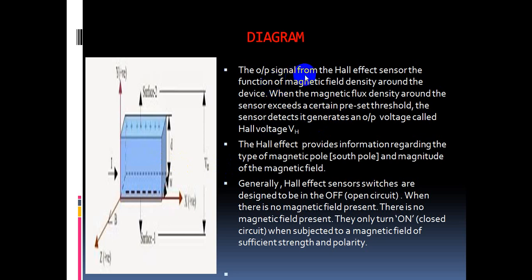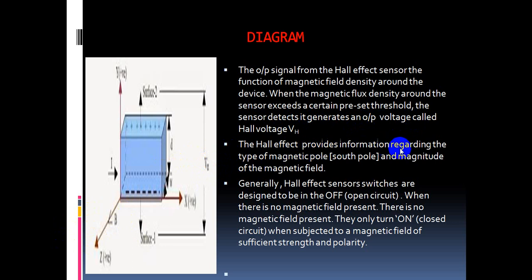So here the output signal from the Hall effect sensor is a function of magnetic field density around the device. When the magnetic flux density around the sensor changes beyond a certain preset threshold, then the sensor detects and generates an output voltage which is called Hall voltage. If this value changes, the output voltage also changes, which is detected by a voltmeter.